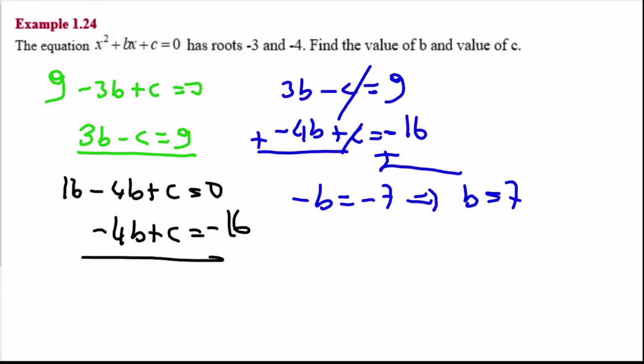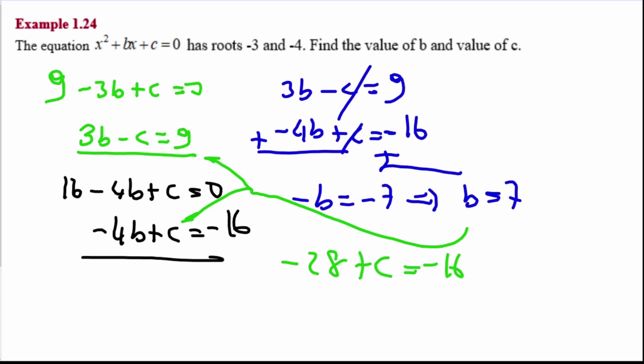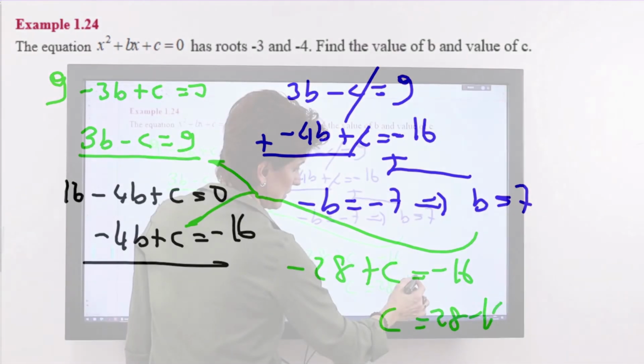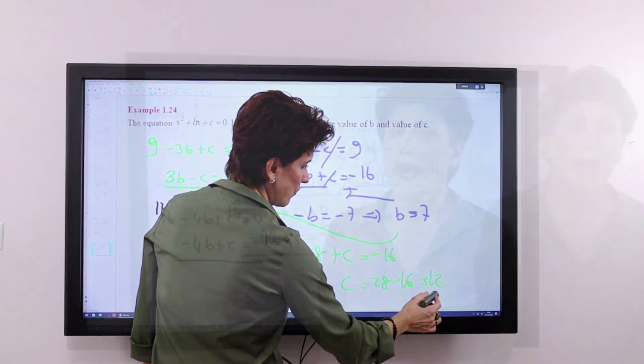I'm going to substitute b into this one. Actually, it doesn't matter too much. -28 + c is -16. Moving -28 to the right hand side, 28 - 16, which is 12.